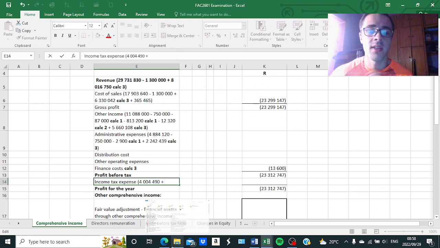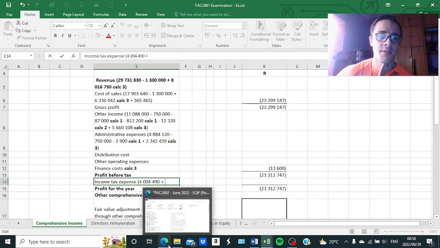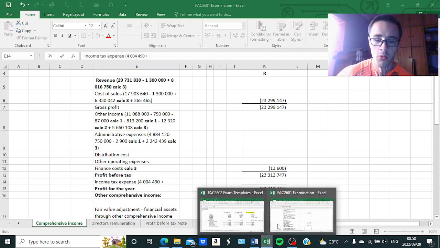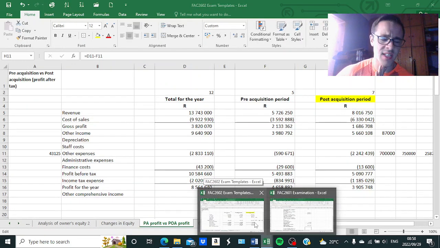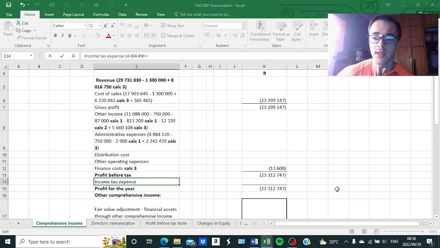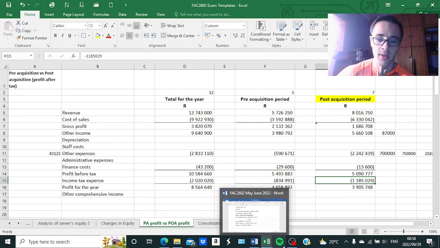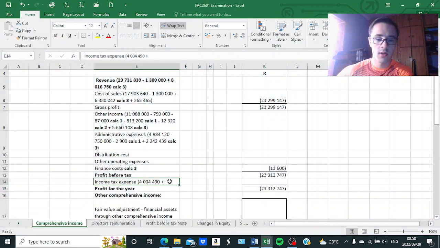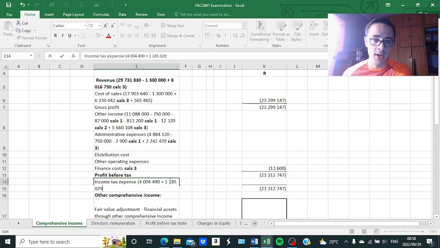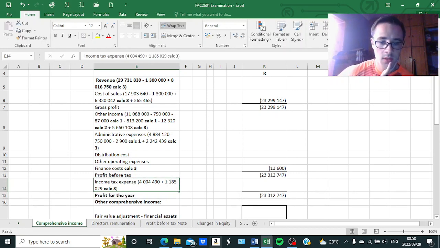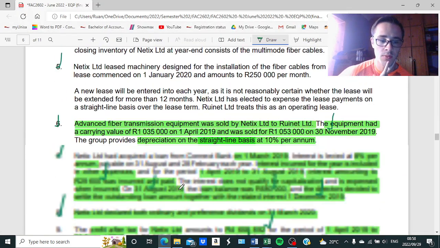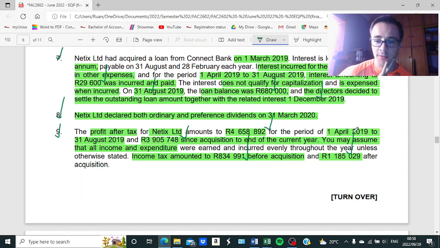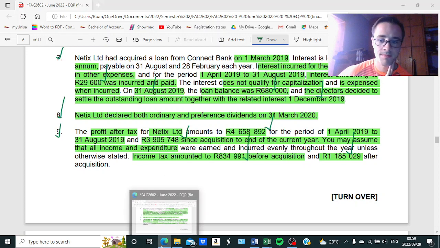And then we add the income tax expense for the subsidiary for the post-acquisition period, which we have been given actually, 1,185,029. This amount was given in additional information point 9. Refer to calculation 3, although we have not actually calculated this amount because it was given. If you go back to additional information point 9, 1,185,029 for the post-acquisition period.